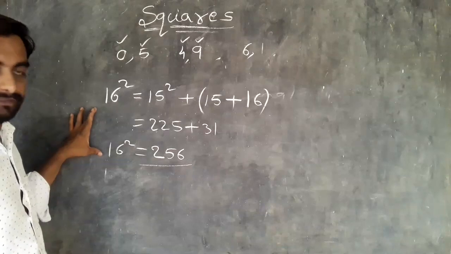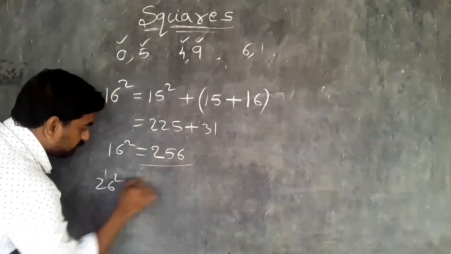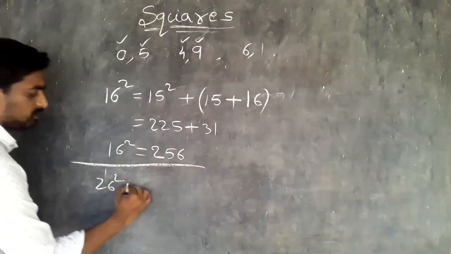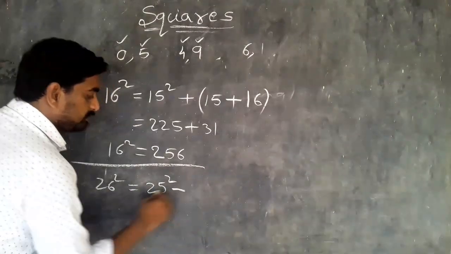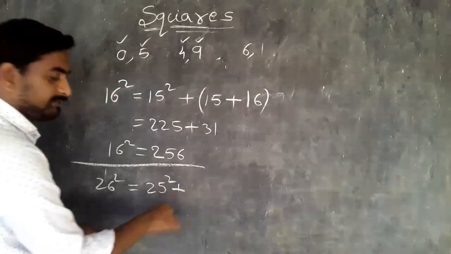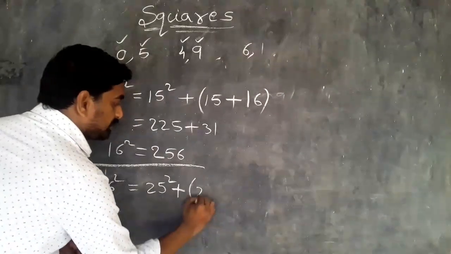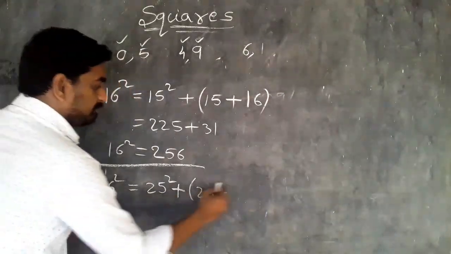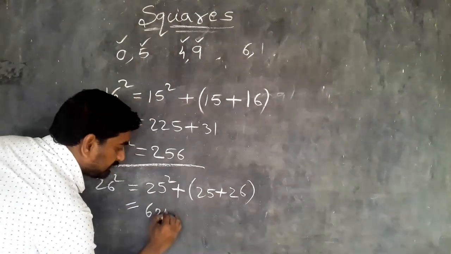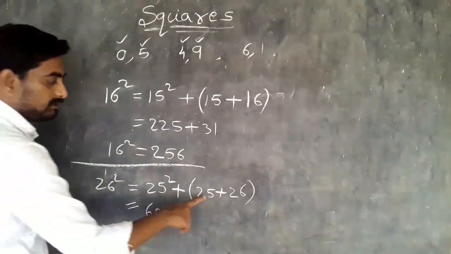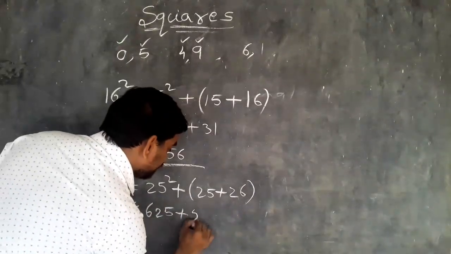We see another number, 26 square. Same model, friends. The nearest 5 ending number is 25 square. It is a smaller number, that's why we write plus. So 25 square is 625, plus what we add, 26 plus 25, 51.